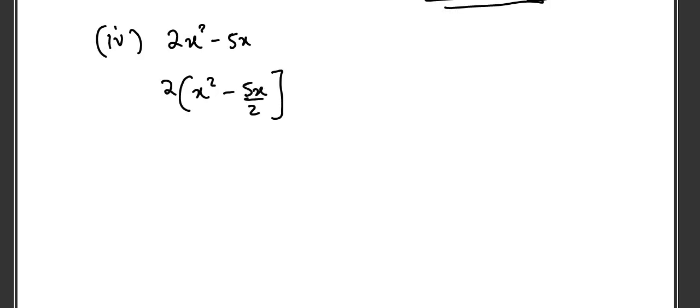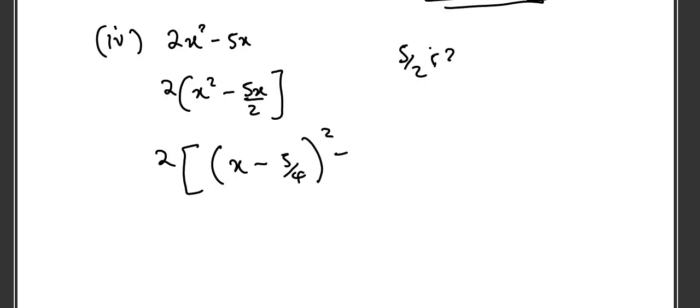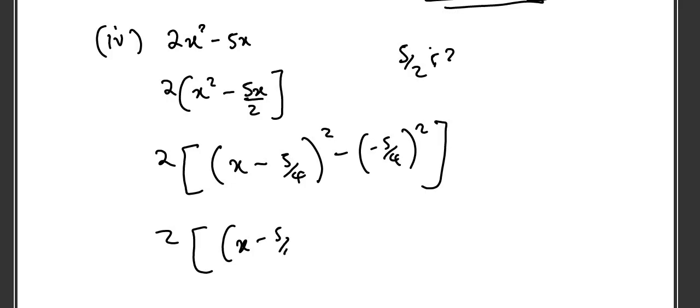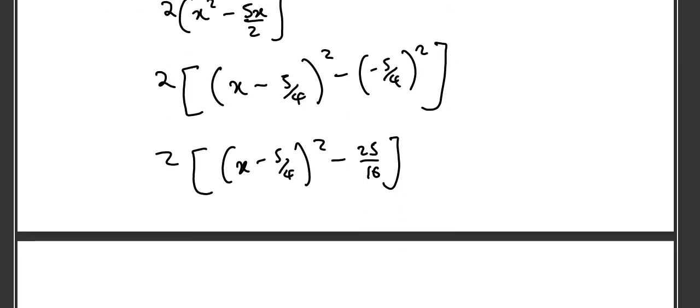From here, you can say (x minus half of this, which is 5 over 2 divided by 2, giving 5 over 4) squared, minus this same number squared, 5 over 4 squared. This is going to be 25 over 16. When you are completely done, it's just going to be 2 times ((x minus 5 over 4) squared minus 25 over 16), which is 2 times (x minus 5 over 4) squared minus 25 over 8.